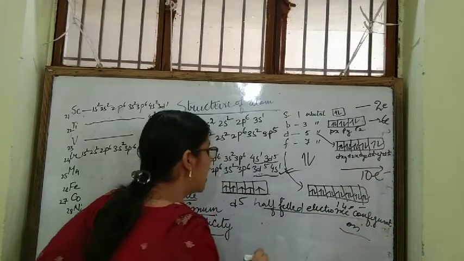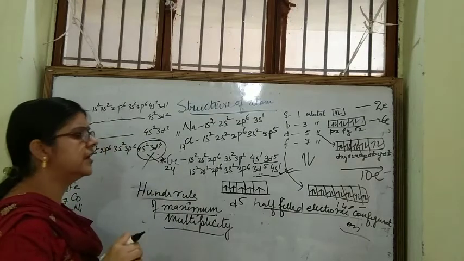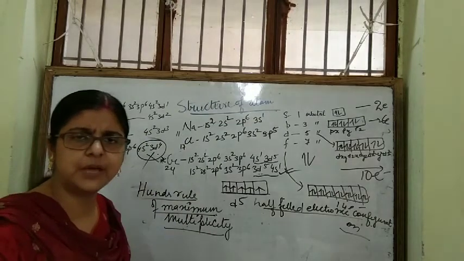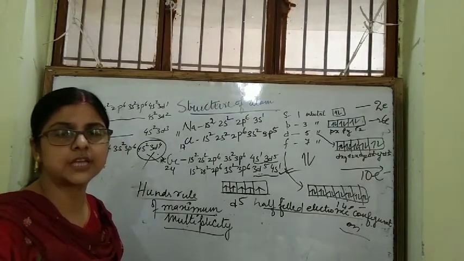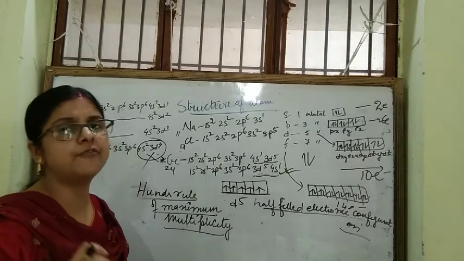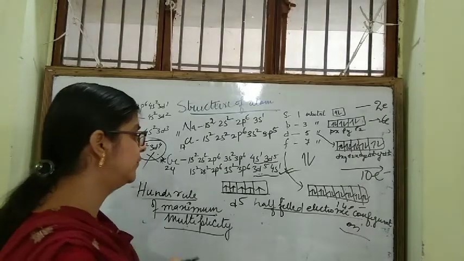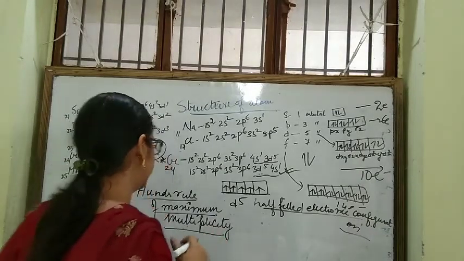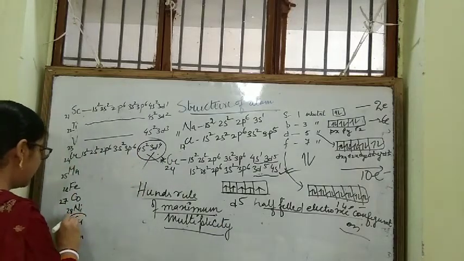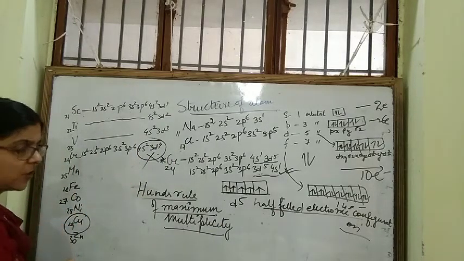Now, why is this half-filled electronic configuration stable? We'll have to understand the stability of half-filled and fully filled configurations. Here I am also discussing fully filled. For this I am taking the example of copper, 29.